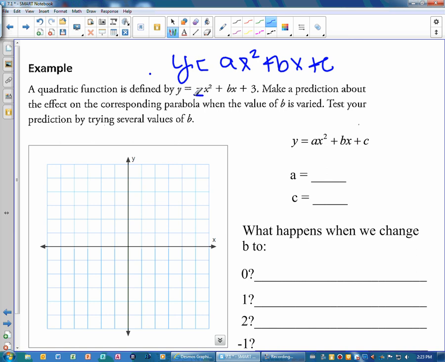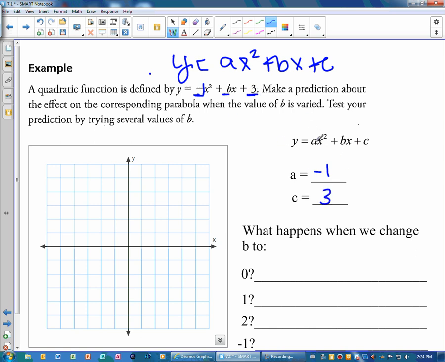So right here, even though it just says negative, that's my a. My a is negative 1. Remember there'd be a 1 right there that you couldn't see. B, I've got a b sitting where b is, so that's the number we're going to play with. But c is 3.